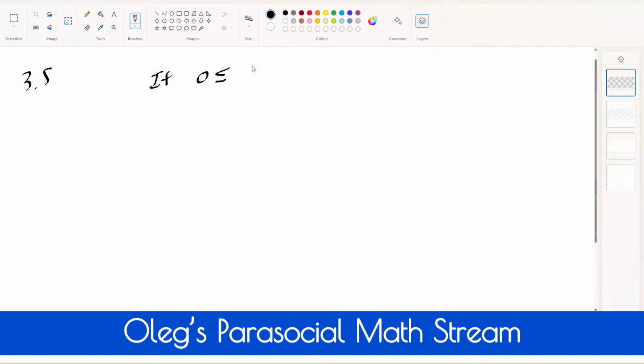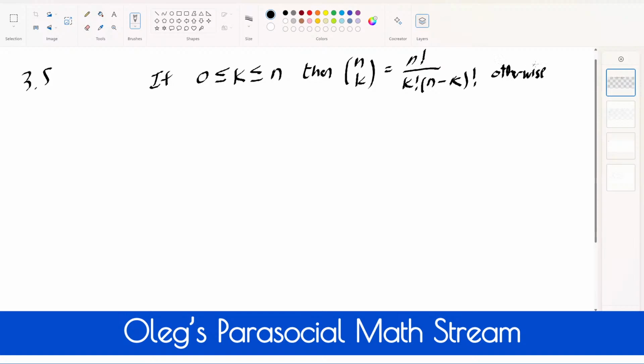If k is greater than or equal to 0, or less than or equal to n, then n choose k is equal to our formula: n factorial over k factorial times n minus k factorial. And otherwise, n choose k equals 0. Okay, so that's just a fact, and we're sticking to it.